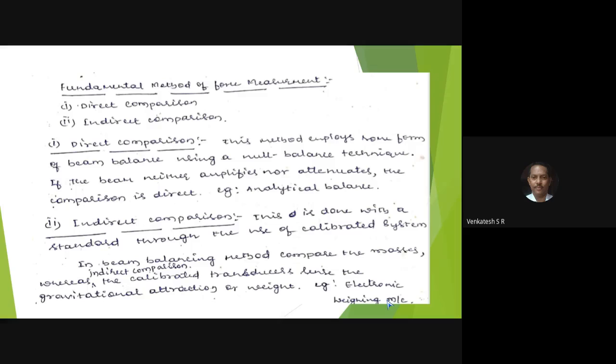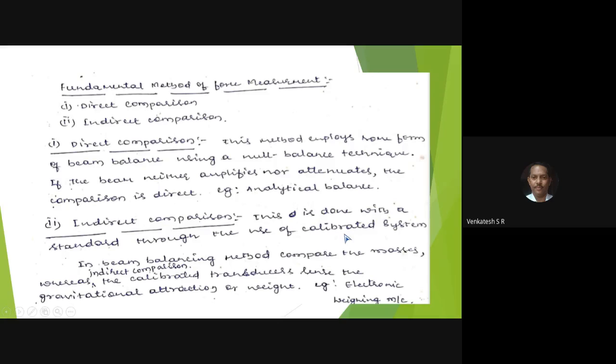In the same way, direct comparison is to keep 1 kg dead weight in the left pan and the vegetable on the right pan. By adding or removing the vegetable in the right pan, bring the needle to read 0. That is called null balance.